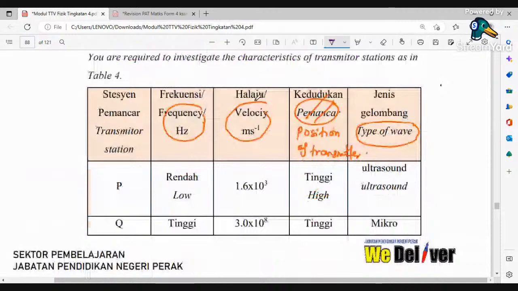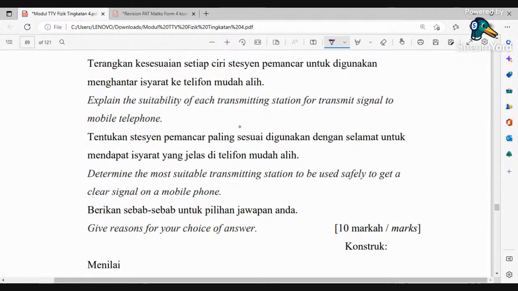Okay, now before that, let's look at the whole question first. Explain suitability of each transmitting station for transmit signal to mobile phone. Determine the most suitable transmitting station to be used safely to get clear signal on mobile phone. Give reason of your choice.